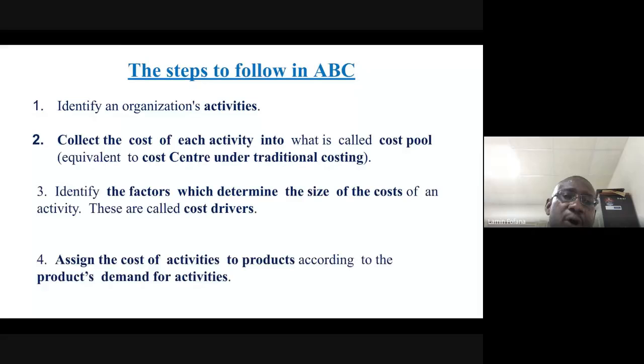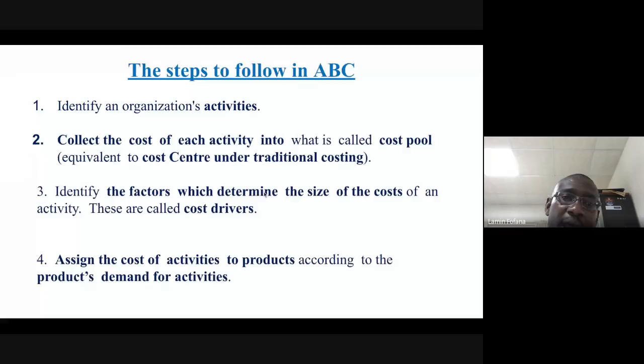And then number 4, assigning the cost of activity to product is the same as apportioning it. When we're doing traditional absorption costing, after finding our OAR, what do we do? We apportion. We use the OAR and multiply by the actual activity level so that we can get the absorbed cost, isn't it? So it's the same thing here.